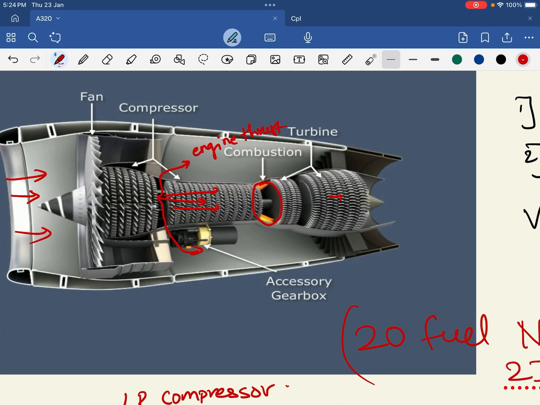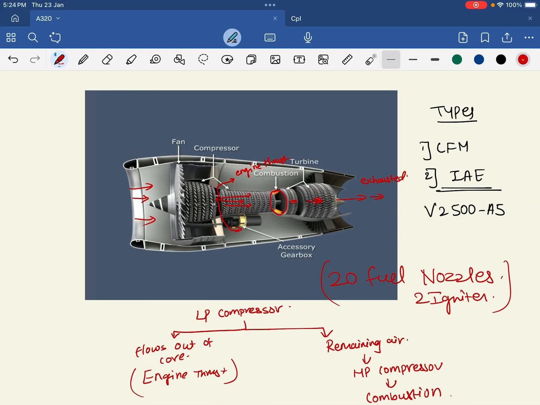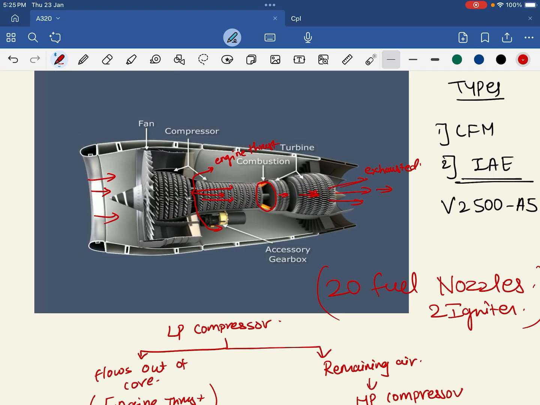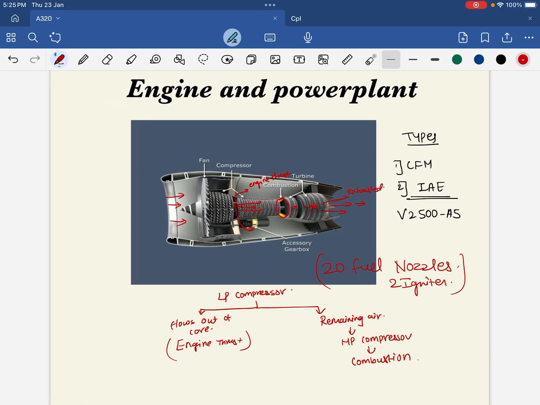After combustion the air will be cooled in the turbine section. Also this turbine will drive the compressor, and then the air will be exhausted outside. So this is the basic running of the engine. Clear?